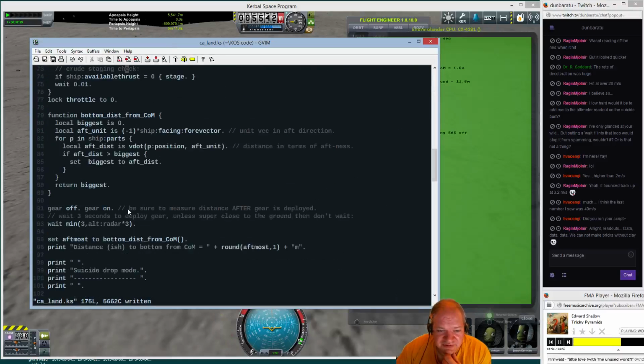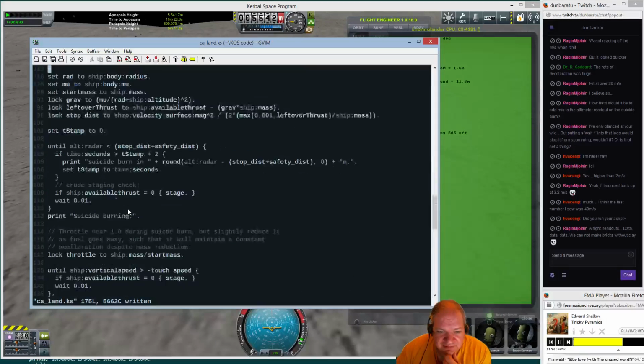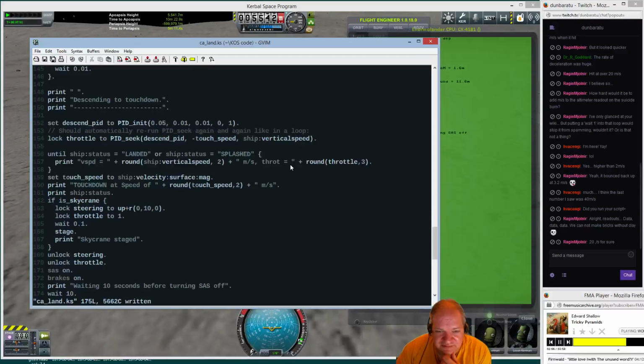Because this is clearly trying to print, and it doesn't.